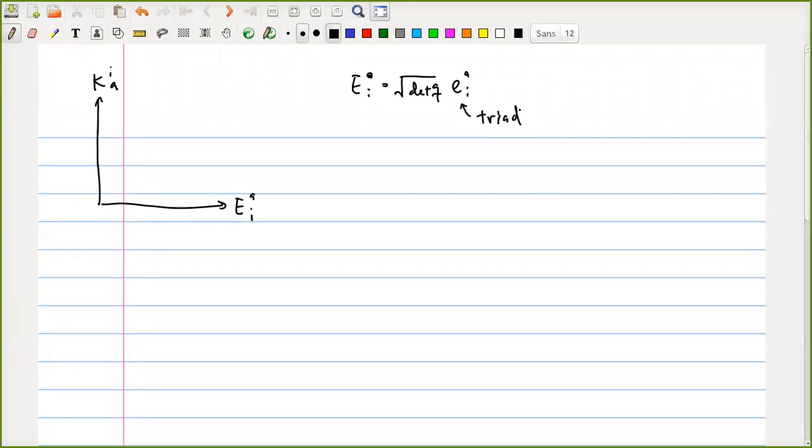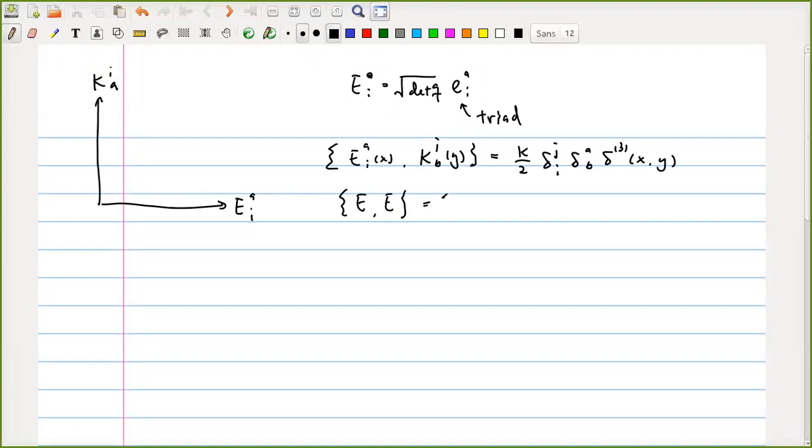Using these variables, we get the canonical Poisson bracket between E^a_i(x) and K_j^b(y) equal to a delta function. But in our convention, there is a prefactor kappa divided by 2, times delta_ij, delta_ab, delta^3(x,y). And the Poisson bracket between E and E equals the Poisson bracket between K and K equals 0.